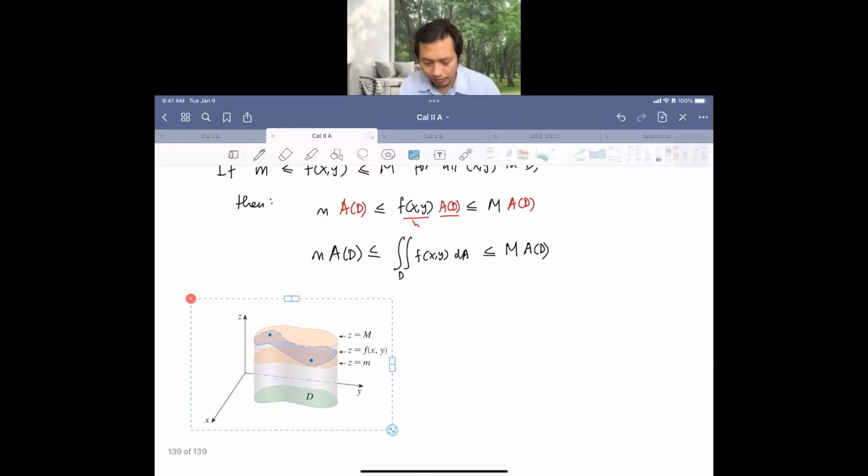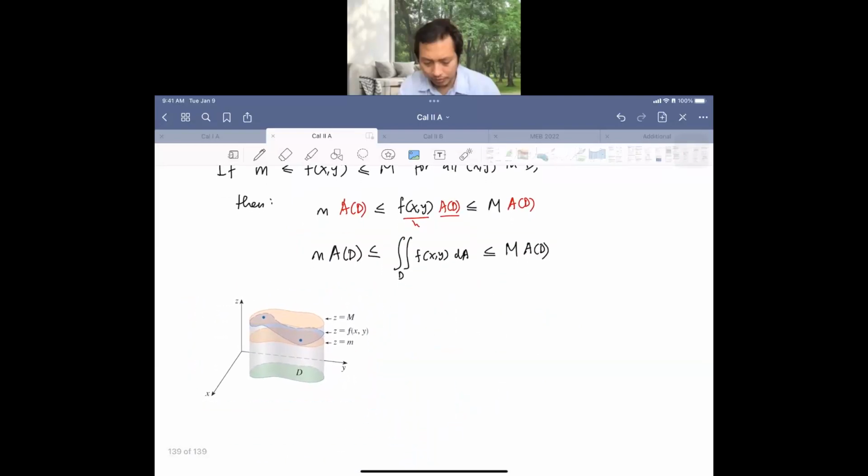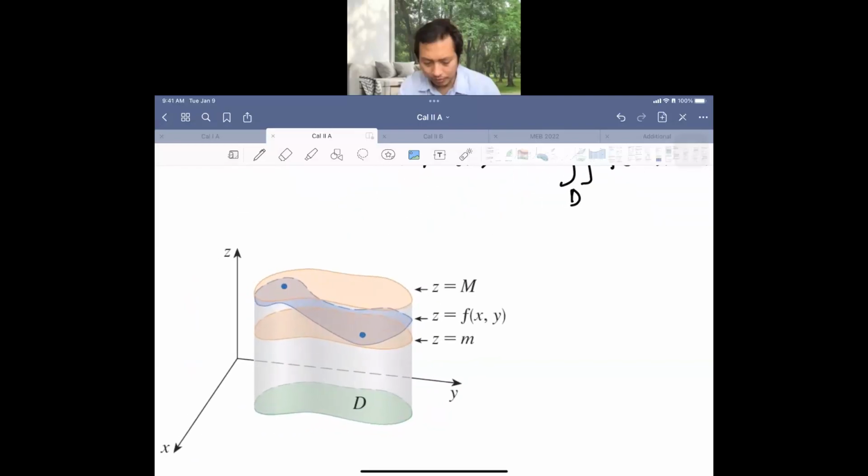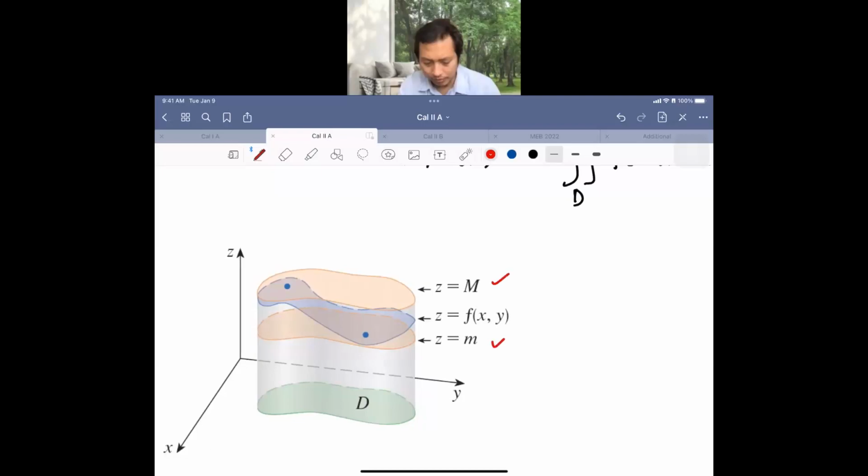If we have a picture here, this is saying that our function is between these constants m and M.